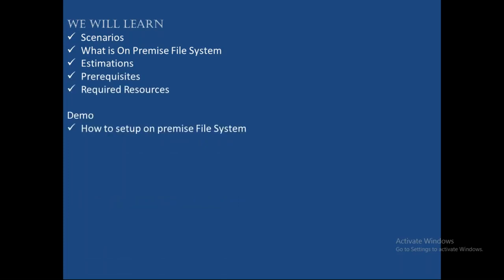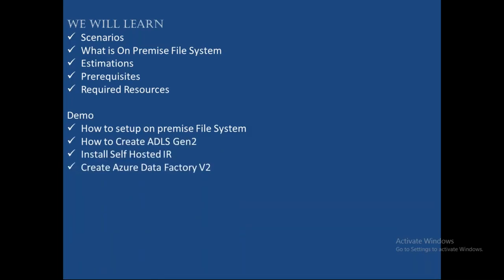In today's session we will learn the scenarios, what an on-premise file system is, estimations, prerequisites, and required resources. Then we go to the demo. We will see how to set up the on-premise file system, how to create ADLS Gen2, install self-hosted IR, and create Azure Data Factory V2. We are going to install self-hosted IR today as well, because it's an on-premise file system.